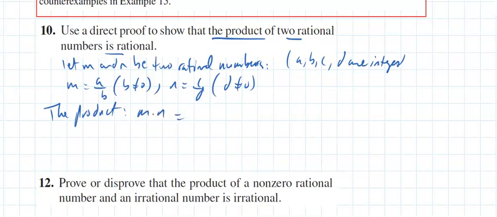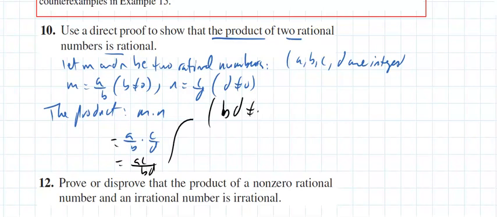Now, if I take the product mn, that would be a over b times c over d. That would simply be ac divided by bd. But we know that bd does not equal 0. That's from the above definitions, right?